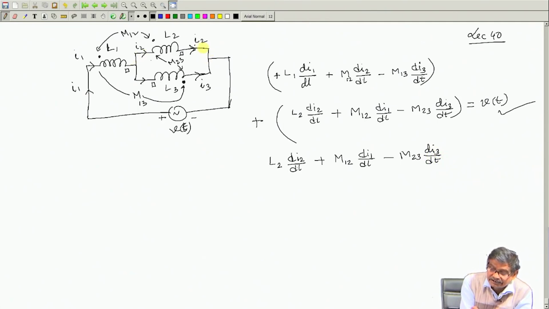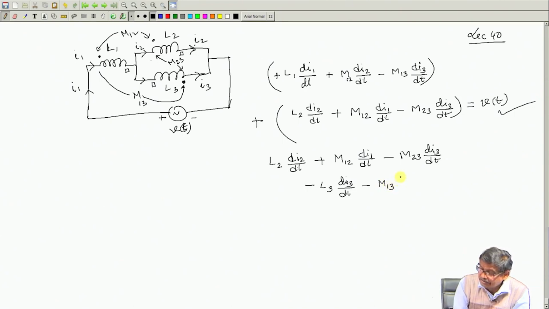This, then 3 terms here I have reached from this to this point. Then from this to this point it will be minus L3 di3/dt. Then another 2 terms, this and because of this. Because of this, this is dot. So, this left hand side is plus. So, this will be also minus M13 di1/dt, and through the dot it was entering.